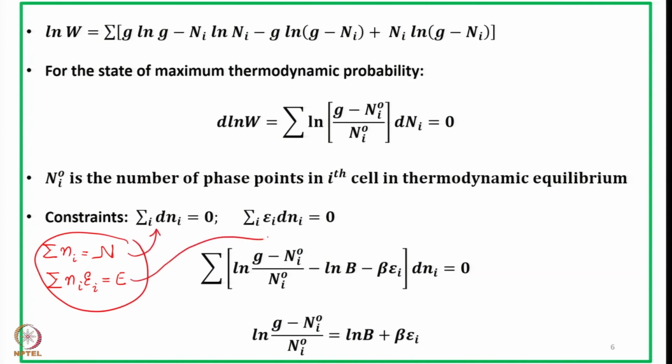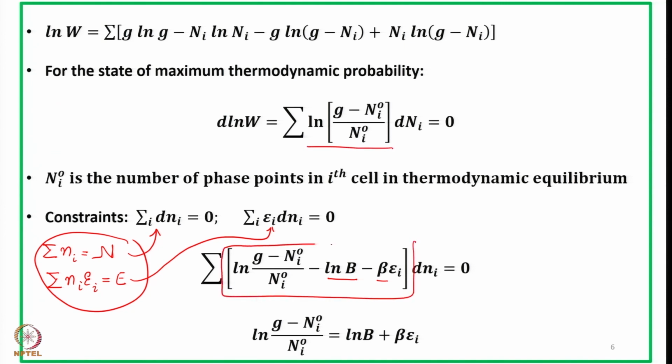You can also arrive at summation Ei dNi equal to 0. And then, as done earlier, you use the method of undetermined multipliers, log b term and beta term with the appropriate sign. Then add to this equation. When you do that, then you have these two parts.